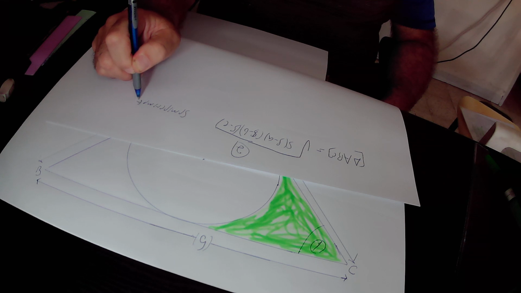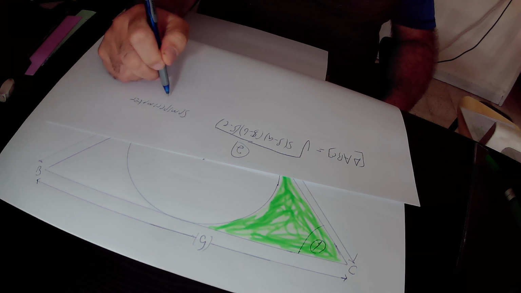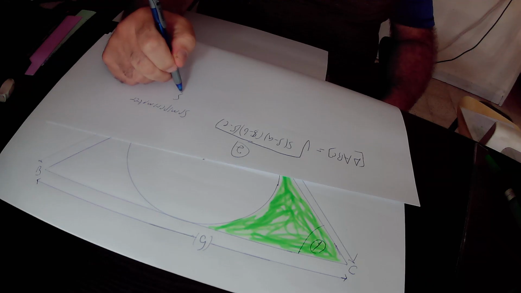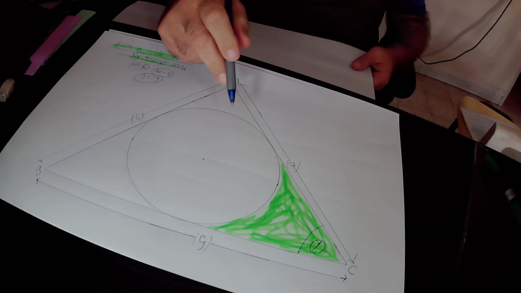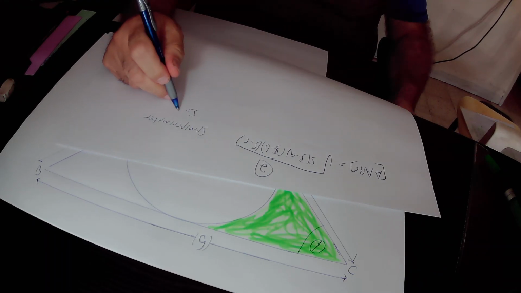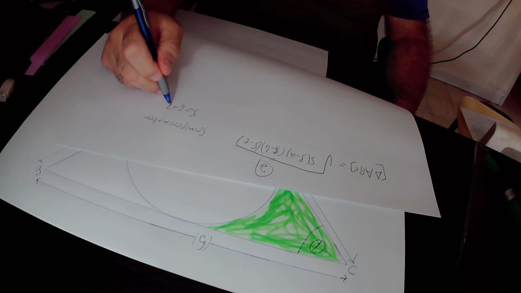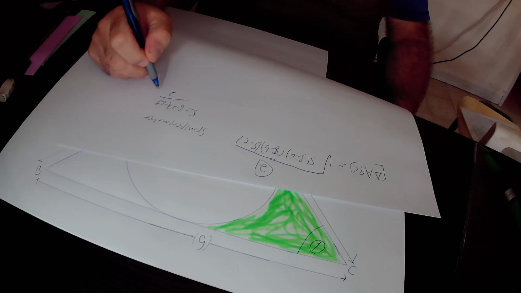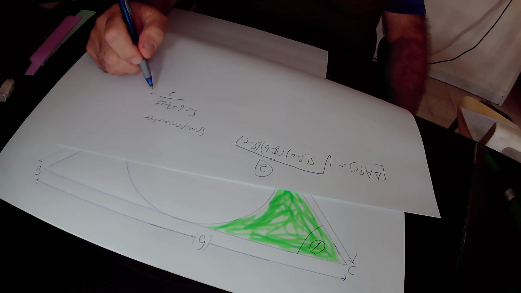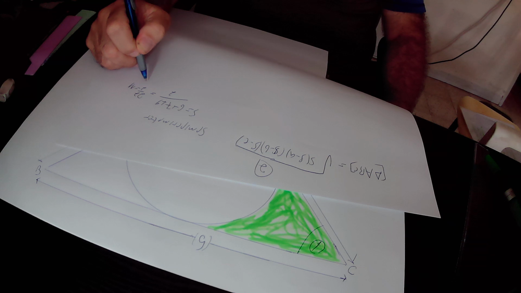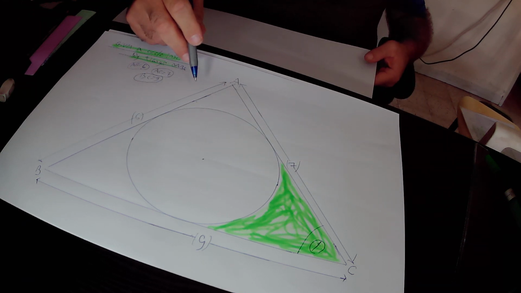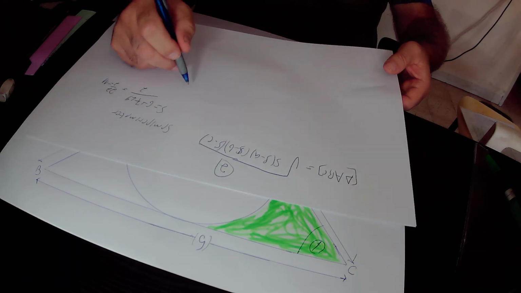S is the abbreviation for semi-perimeter. 6 plus 7 is 13, and 13 plus 9 is 22. So 22 over 2 is 11. So the semi-perimeter of this triangle ABC is equal to 11 units in length.